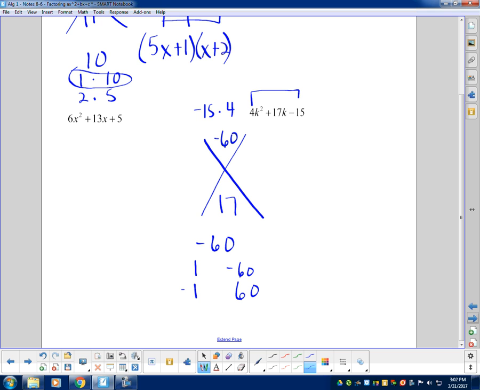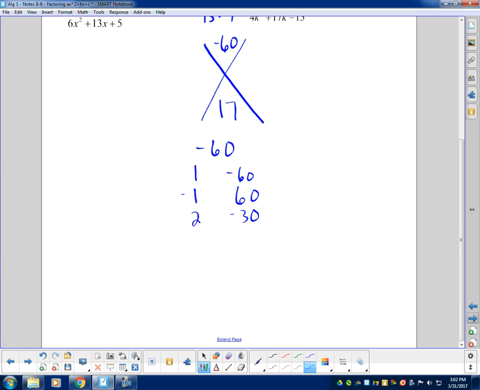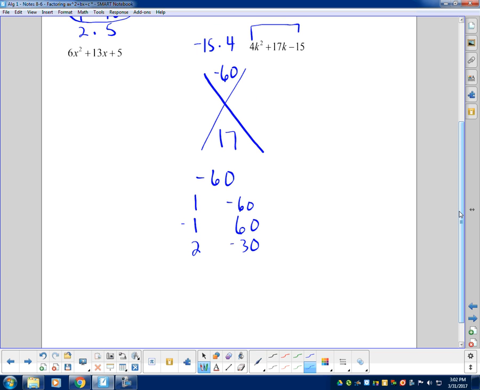You can see that I'm going to have to work towards the middle before I find the correct combo, but we need a method for listing all the factors. So here we go. 2 and negative 30, negative 2 and positive 30. That difference is 28, so that's not going to work. 3 and 20, negative 3 and 20, 3 and negative 20.